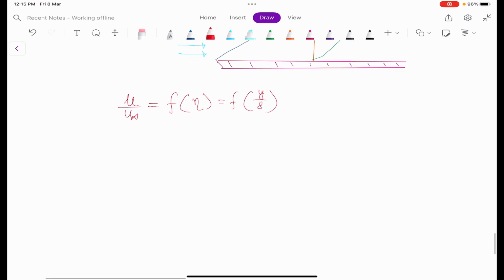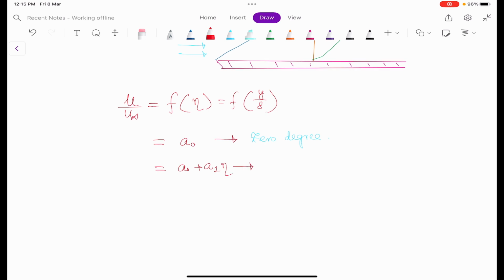So you can assume some polynomial approximation. If you assume some constant, then only one unknown is there, so this is a 0-degree polynomial. You can assume a 1-degree one, that is a naught plus a1 eta.